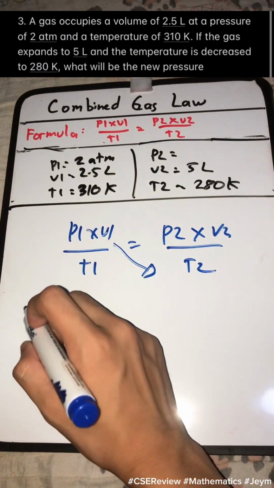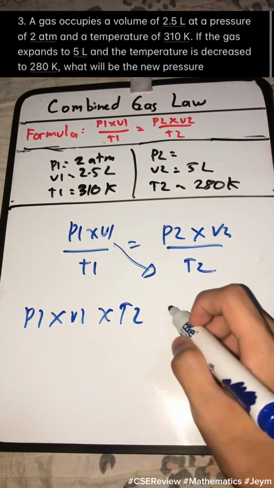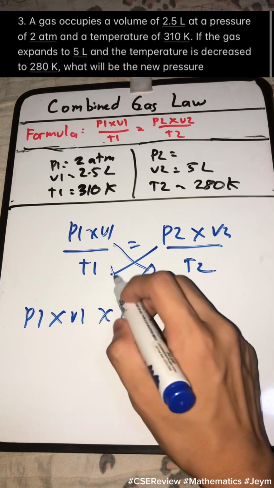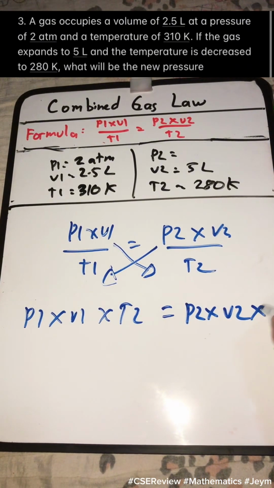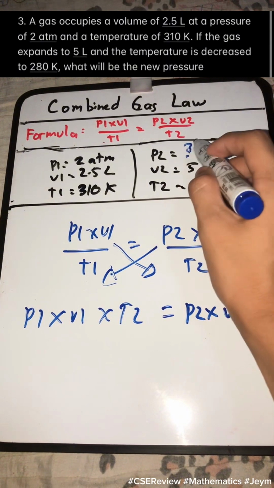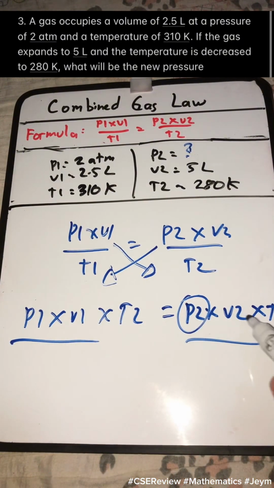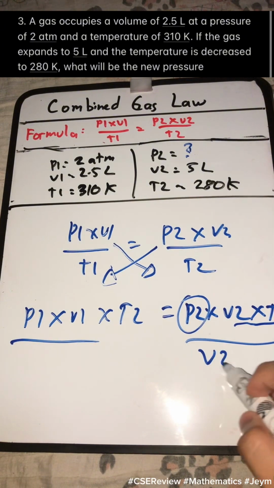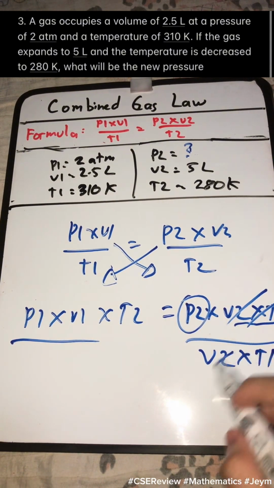So we have P1 times V1 times T2 equals, cross multiply again, P2 times V2 times T1. Since our unknown variable is P2, let's isolate this. So we divide both sides by V2 and T1. So V2 times T1 will cancel out.